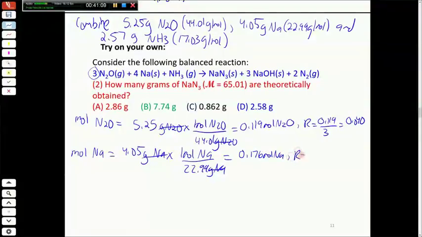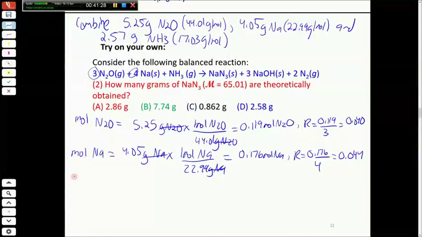And then the ratio for sodium is going to be that number, 0.176, divided by its coefficient. We go back up to the balanced equation, coefficient of 4 for sodium. So we divide that number by 4 to get 0.044. So a little bit bigger than the first one, so that one definitely can't be a limiting reactant.